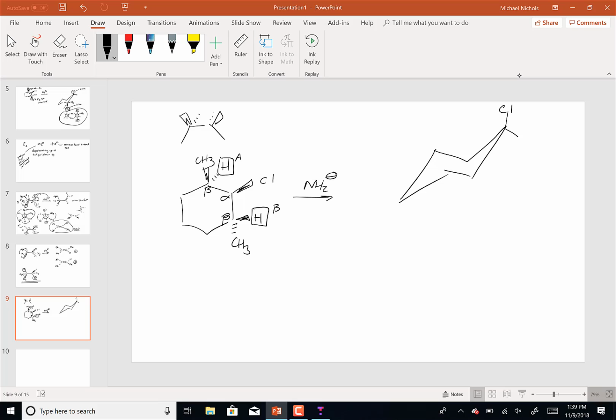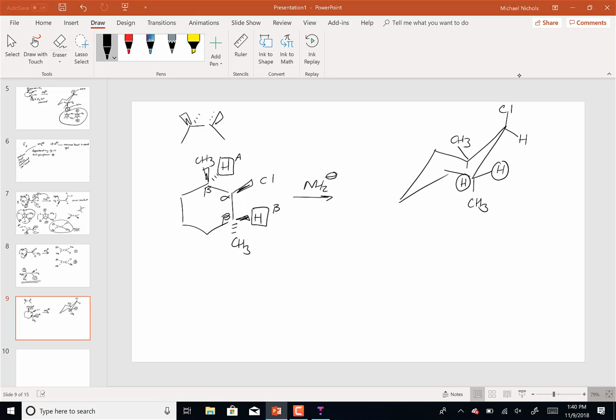So let's go with the gruesome answer here, which is this. If I was to write out the conformation, if I'm going to write this out as a chair, here is how the molecule looks. And these are the two hydrogens that I circled, are the ones that I'm looking at. So if I'm looking down on the molecule, the chlorine is in the axial position because it's above the plane of the ring, and the other groups are placed where they are because they're either above or below the plane of the ring, depending on whether they're on bold or dashed wedges.